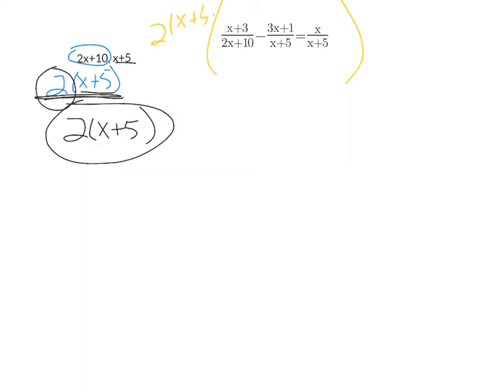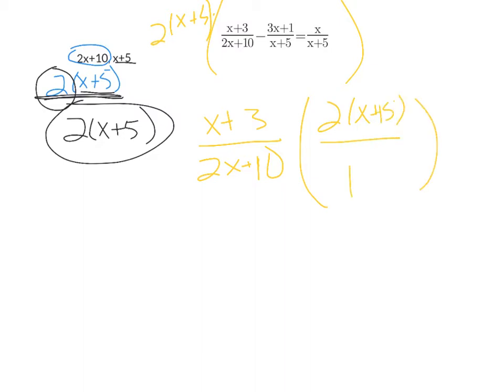If I take my x plus 3 over 2x plus 10 and multiply it by 2 times x plus 5 all over 1, I'm going to first cancel out any common factors. If I distribute out the 2 through the x plus 5, that gives me 2x plus 10. So the 2x plus 10 cancels out, and I'm left with x plus 3 over 1, or just x plus 3.